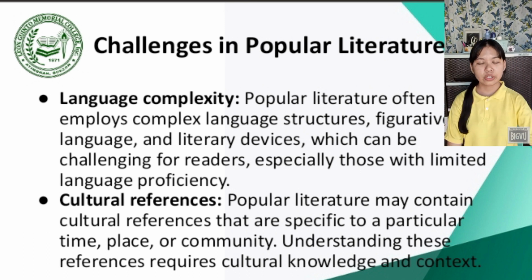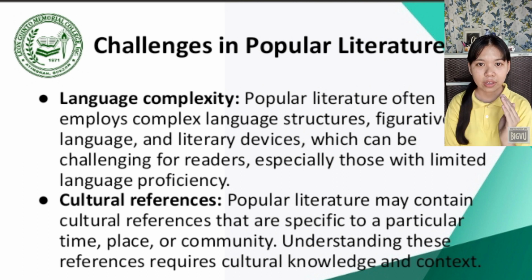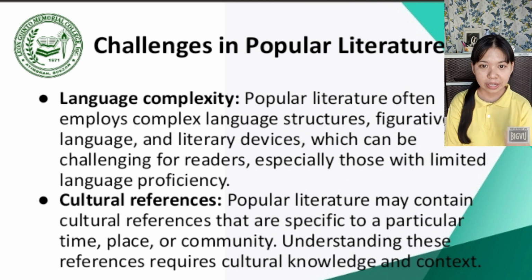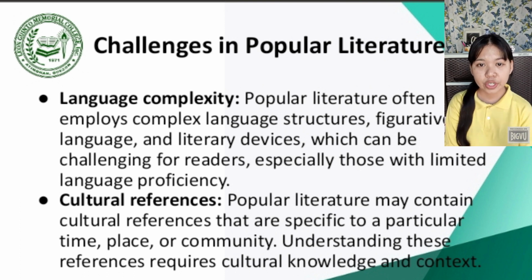So here, cultural references in popular literature are those things that are well known within a specific culture, place, or time period. This could be references to popular songs, famous historical events, traditional practices, well-known sayings, or even specific foods that are unique to a particular community or culture.